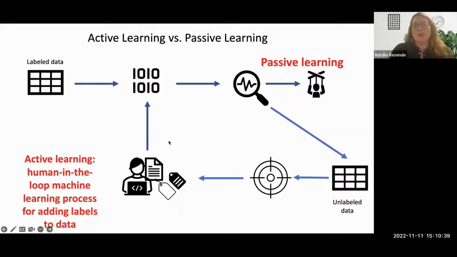This loop continues until we reach our goal performance. We assume that by selecting the most informative instances from this pool of unlabeled data, we are going to save time and also human effort. This is the main workflow that we saw in the last session.